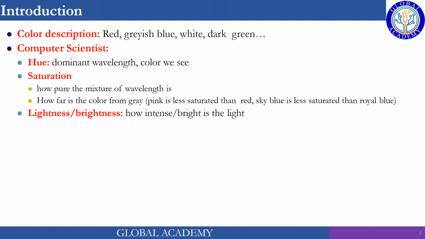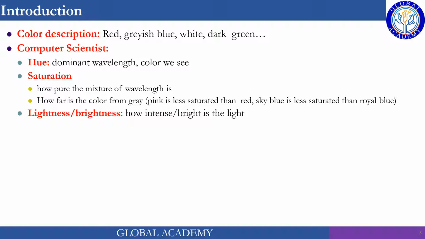So we can describe colors like red, grayish blue, white, dark green and so on. There could be many colors that we can describe. But in computer science we describe colors using hue, which is the dominant wavelength or color, and then saturation.